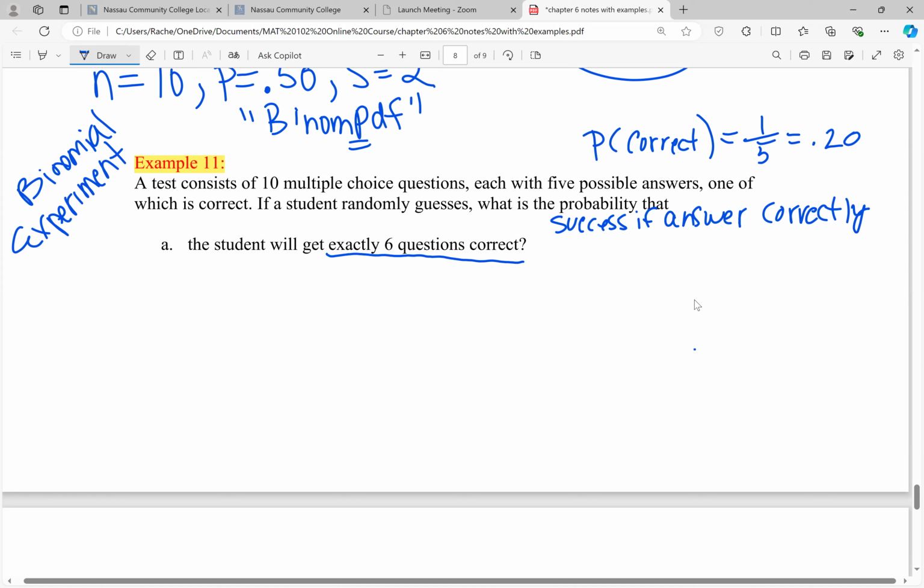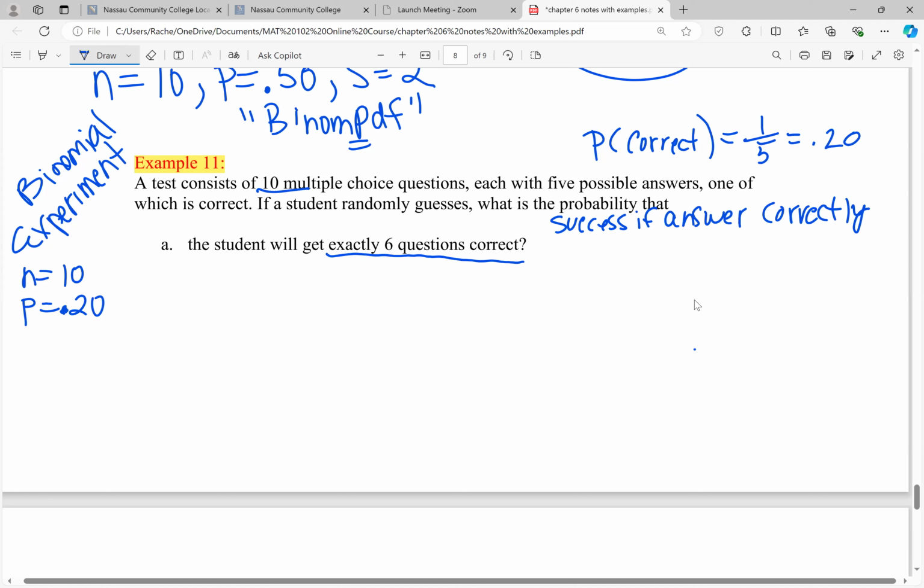So let's jot this down. There's n equals 10 trials to this experiment, right? Because we're answering 10 questions. And the probability of a success, P, which is the probability of getting any one question right, we said is 0.2. So the probability of a success is equal to 0.2.